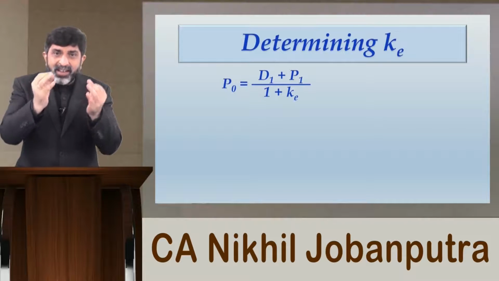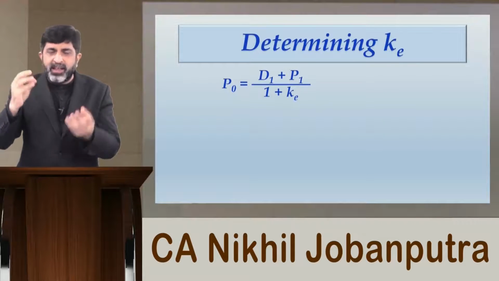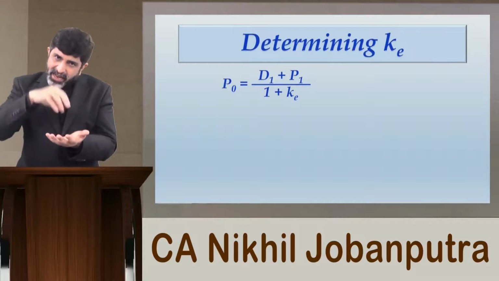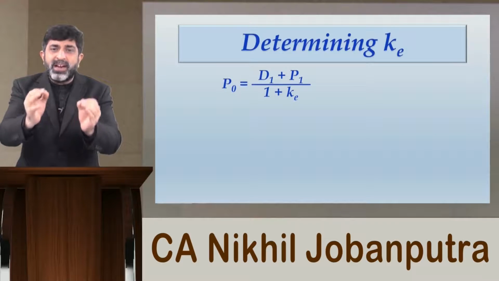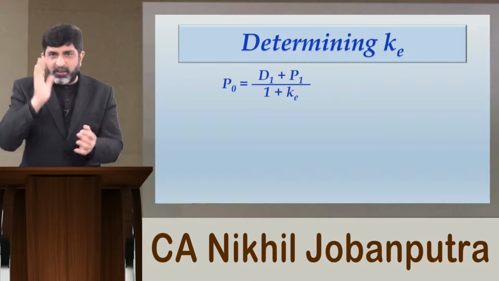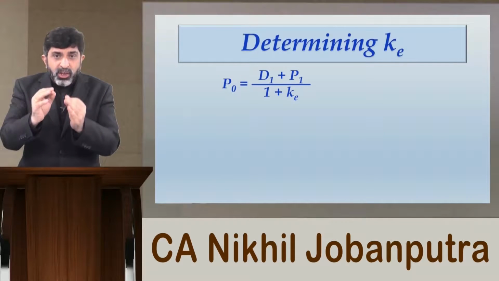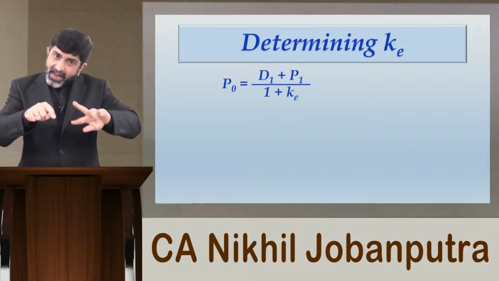So dividend yield rate is 50 divided by 200. Any common man can easily understand that by investing 200, if you are getting a dividend of rupees 50, the dividend yield rate is 25%.